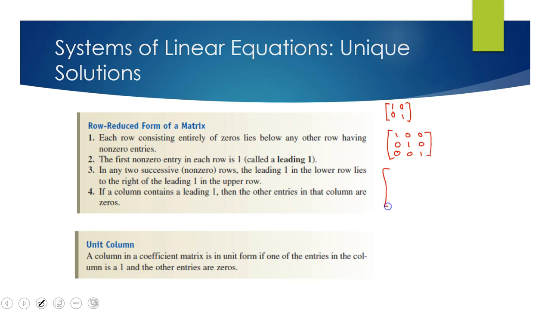A 4 by 4 would look like this. Basically, all I'm going to have are ones and zeros, and the ones start at the upper left-hand corner of the matrix and move in a diagonal pattern until it reaches the bottom right.